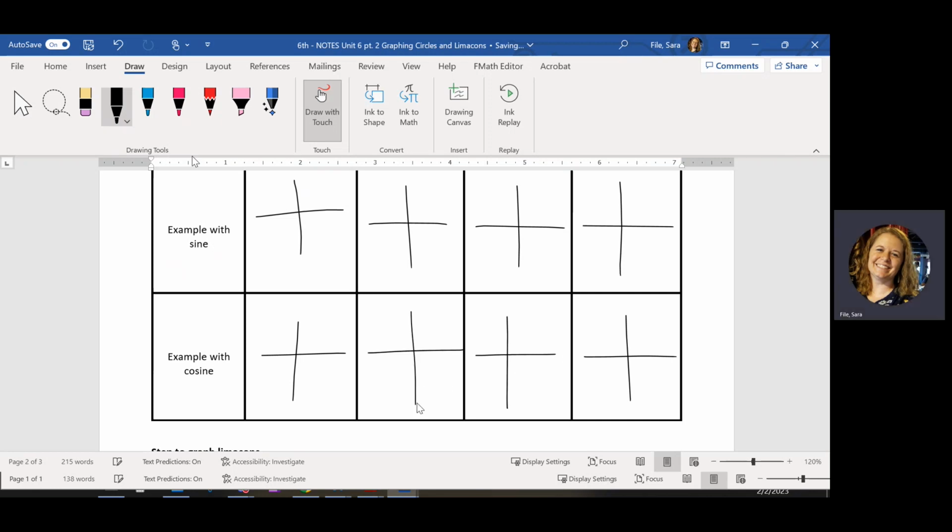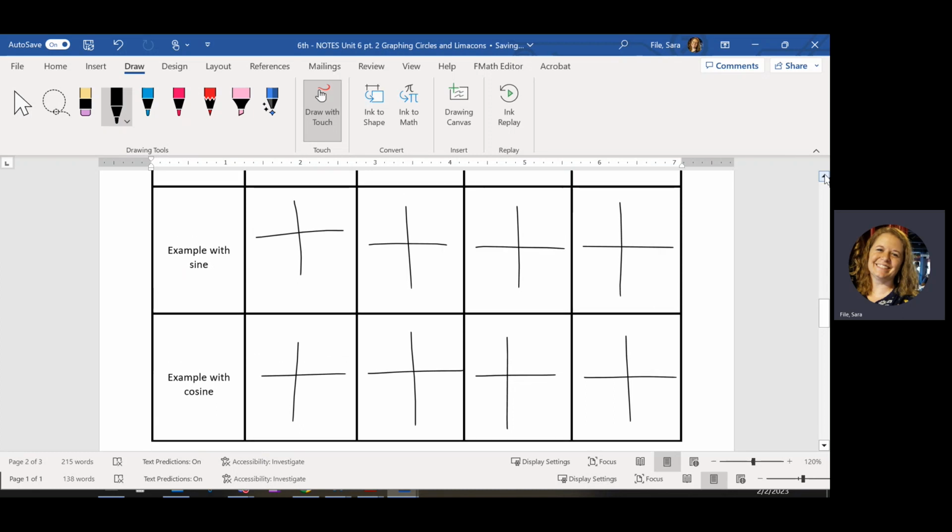We're just going to draw them all positive for the sake of our notes. The only thing that will change if there is a minus between the A and the B, it'll change the direction along the axis that it's drawn, right? If it was cosine, it'd be drawn to the left if it was minus. If it's sine, it'd be drawn down if it was minus. We're just going to draw them all positive for now, though.